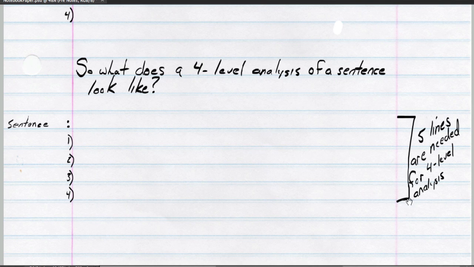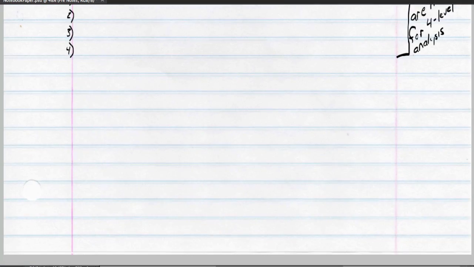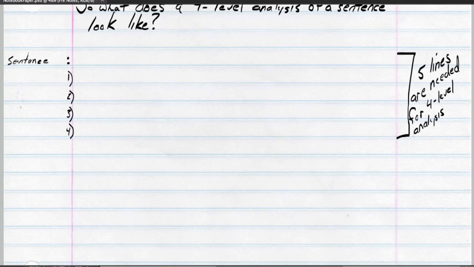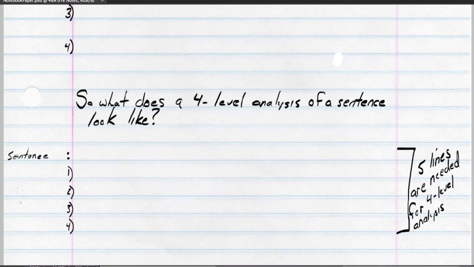Over here on the right side, I've added a note. I'd like you to add it as well to your notes. This is important. Every time we do a 4-level analysis, we're going to need 5 lines, 1 for the sentence and 1 for each level. And that's it. As you can see here, I've got some space down at the bottom of my page, but that's it.